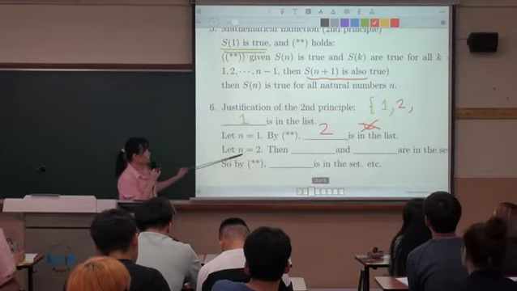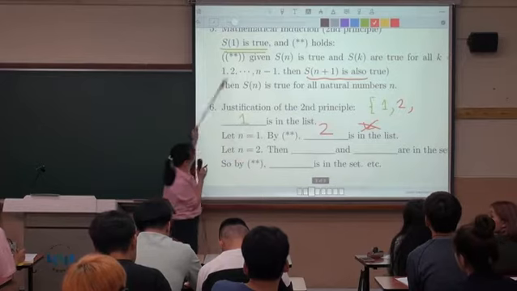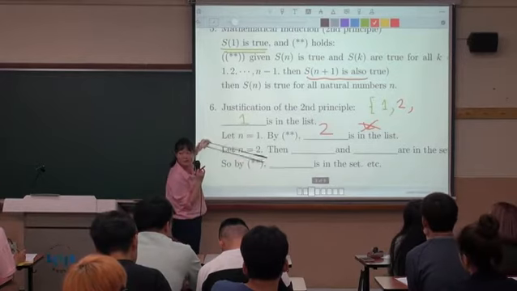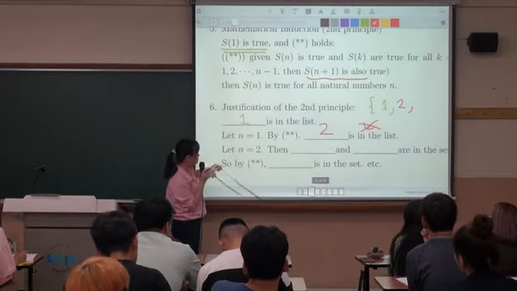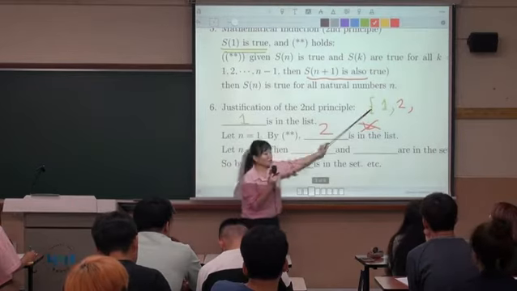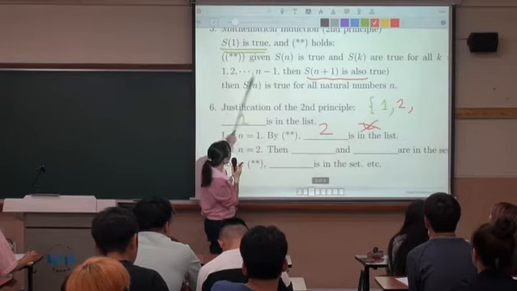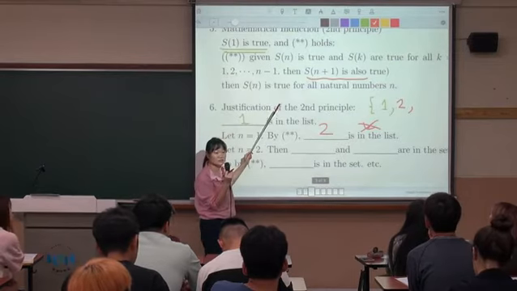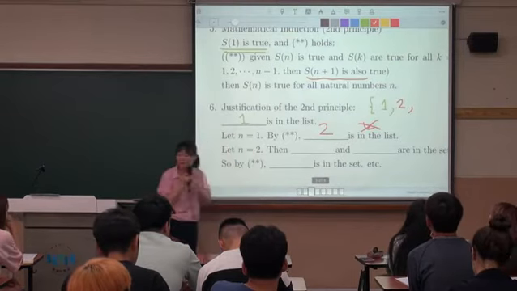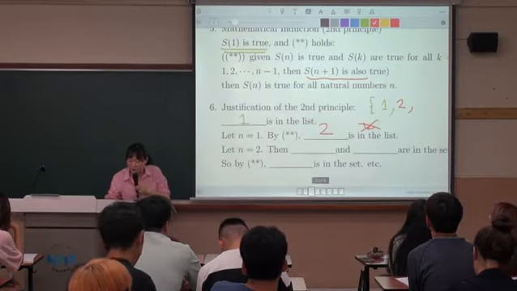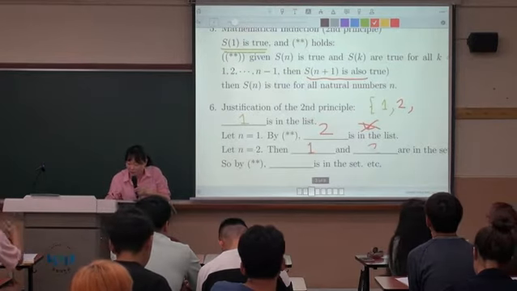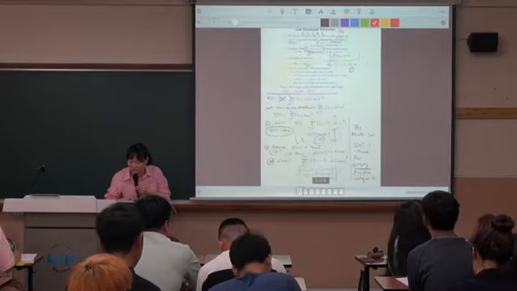Okay? So let n be 2. If n is 2, since we satisfy double star, what's in the list? 1 and 2. Okay, k starting from 1 to n minus 1 are in the list. Since we assume these are true, 1 and 2 are there. So 1 and 2 are in the set.